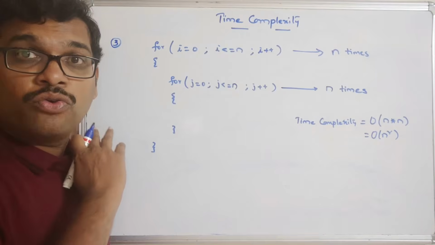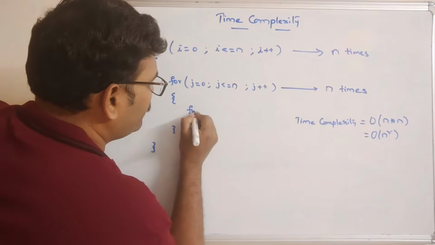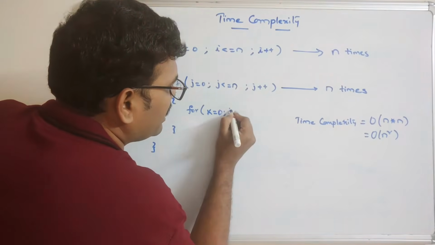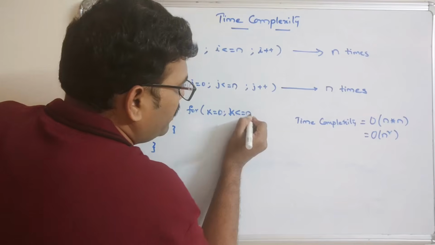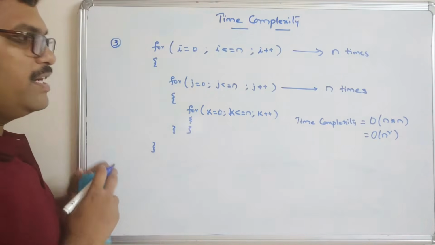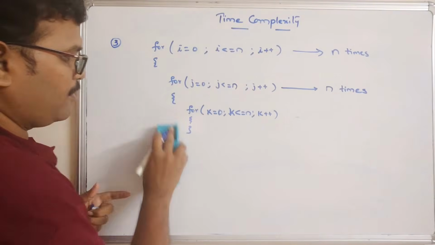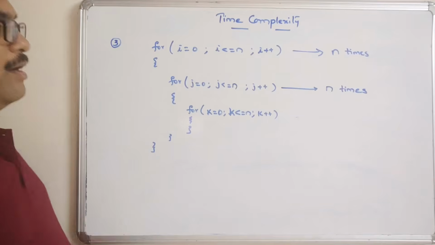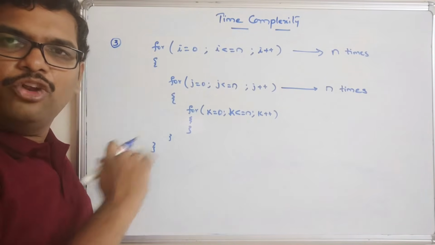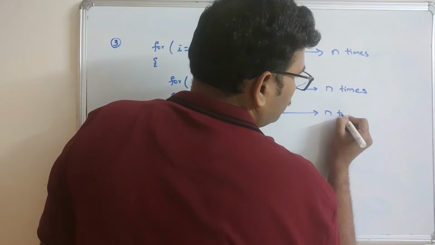So there is no dependency. And see, if the same thing happens with another for loop, for k is equal to 0, k less than or equal to n, k plus plus, the code is like this. The three loops are independent, and each runs n times.